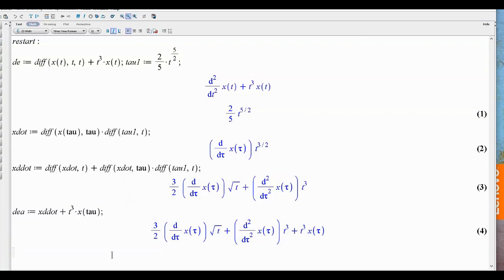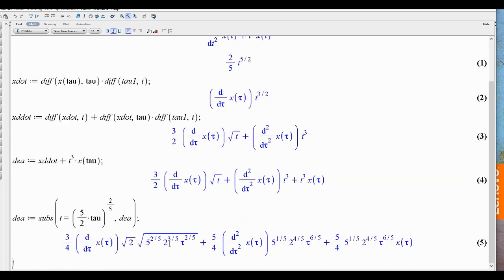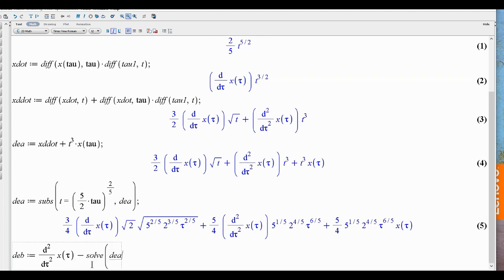Okay, so I go dEA is equal to, substitute t equals 5/2 times tau to the power 2/5 in dEA. Okay, so now I've got this strange sort of differential equation, but that's okay. Now I say dEB is equal to, and I have this one here, minus solve dEA for the same thing.